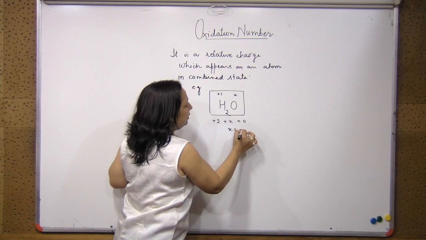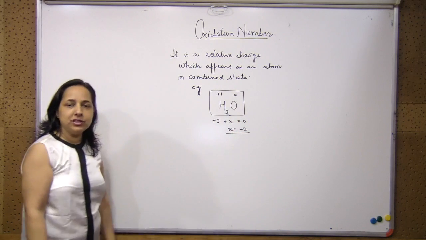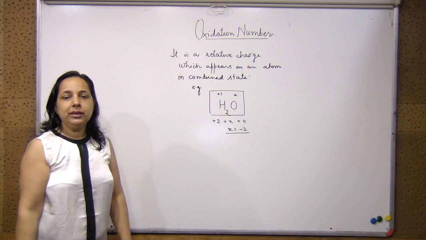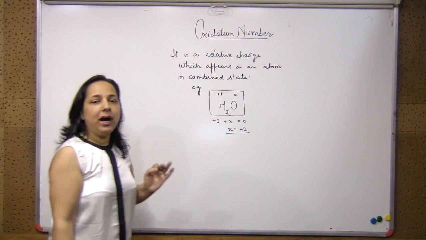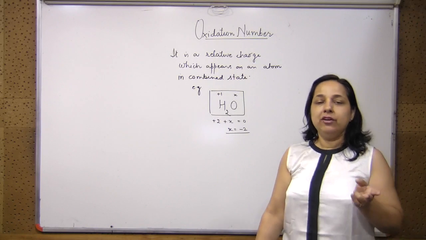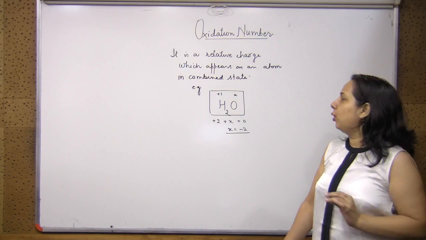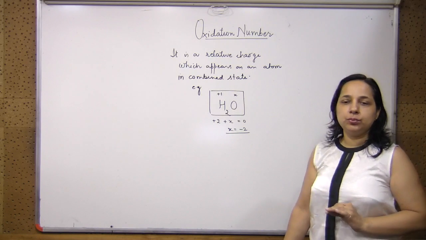X comes out to be -2. So we can see oxidation number of oxygen here is -2. That means in this compound, hydrogen is +1, 2 hydrogen atoms +2. Therefore, oxygen is -2.